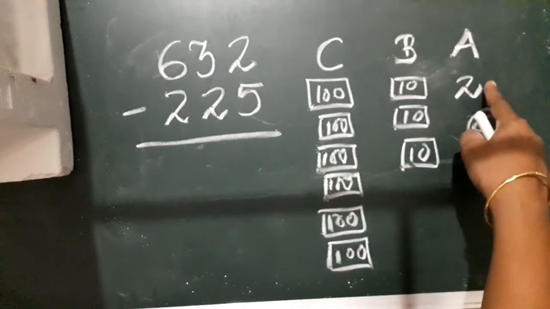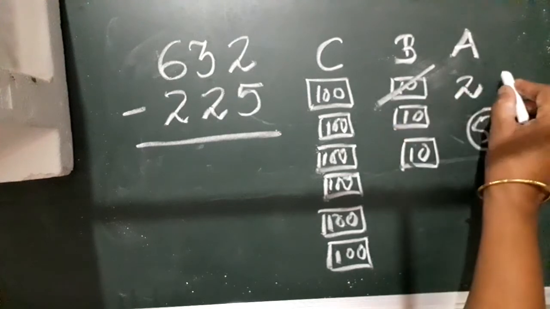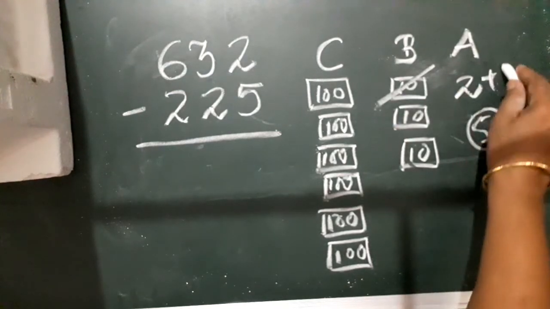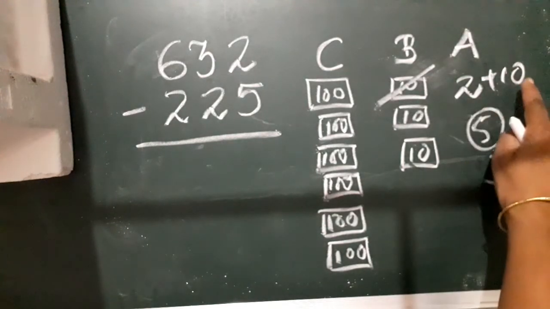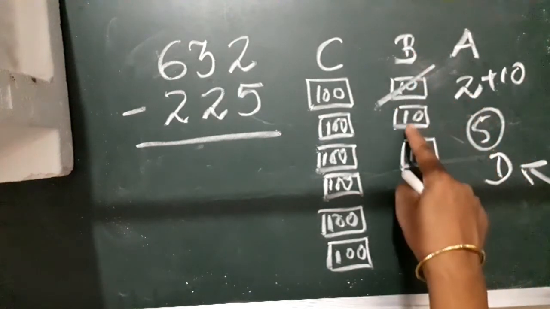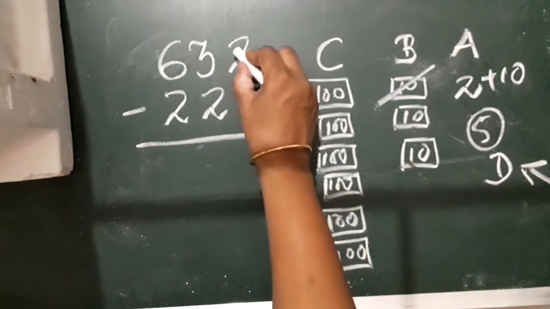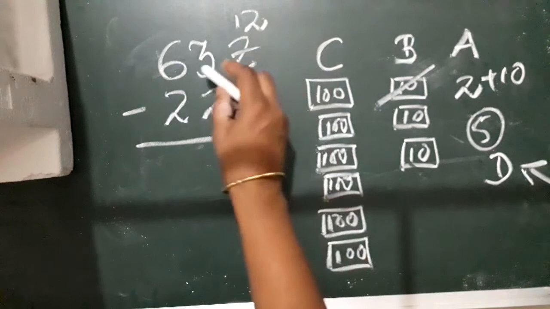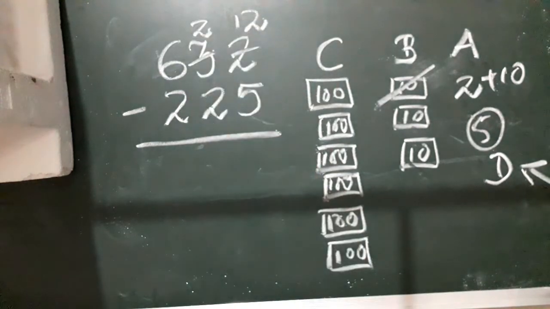So person B will give 1 bundle to person A. So instead of 2 pens, he will now have 12 pens. 10 plus 2, 12 pens. And B person will have only 2 tens. So here I can cut this number and write 12 over here. And instead of 3, now this becomes 2.